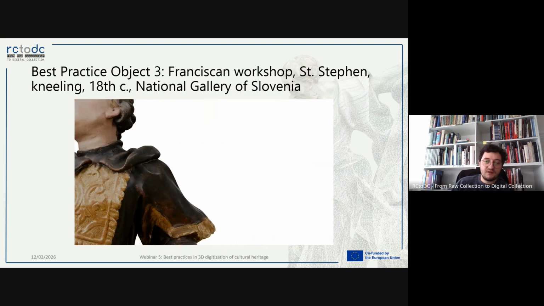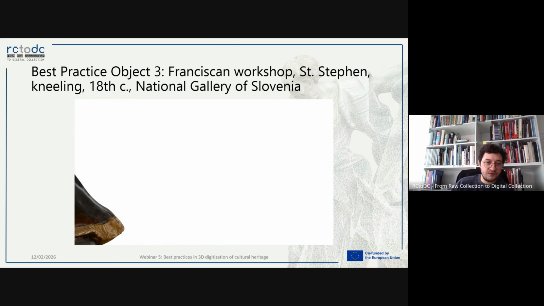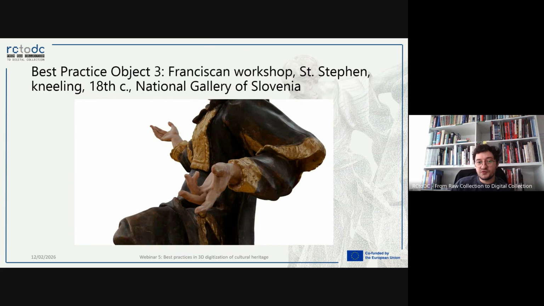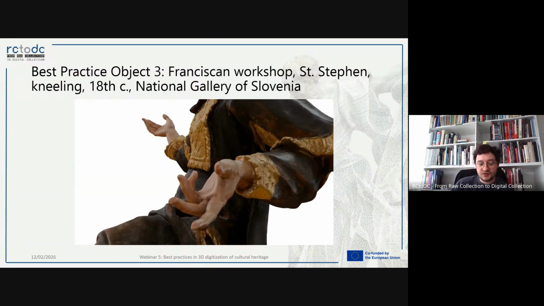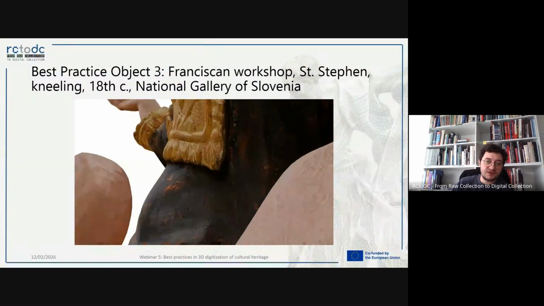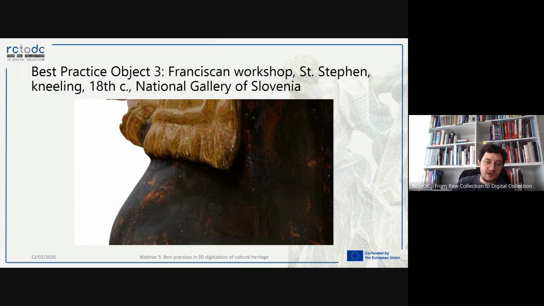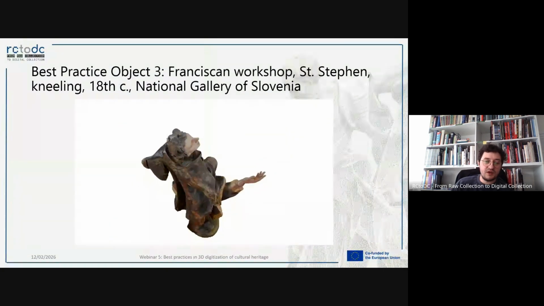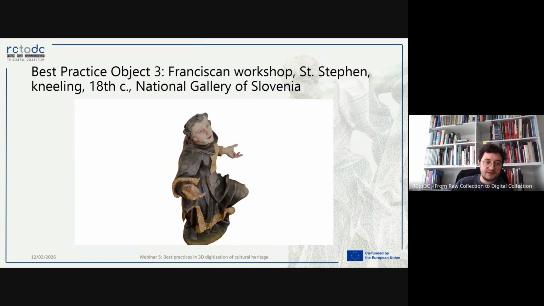This significantly lowers the barrier to entry for digitization, making the approach accessible to small and medium-sized institutions. However, the absence of professional capture systems means that greater care and manual control are required throughout the process.